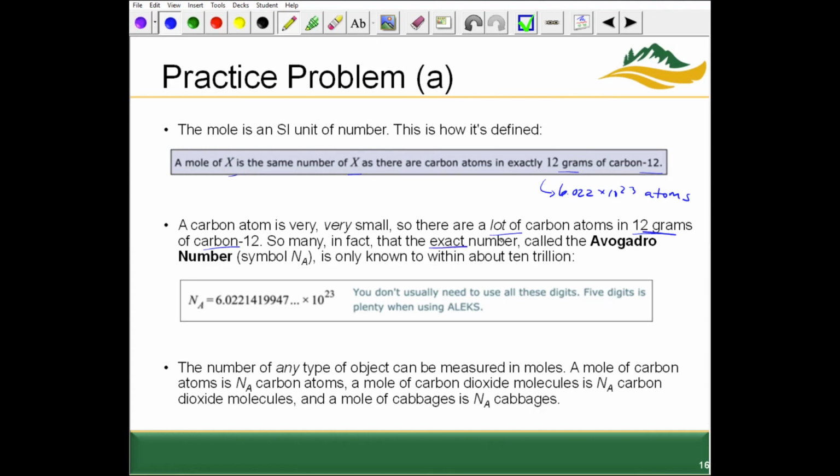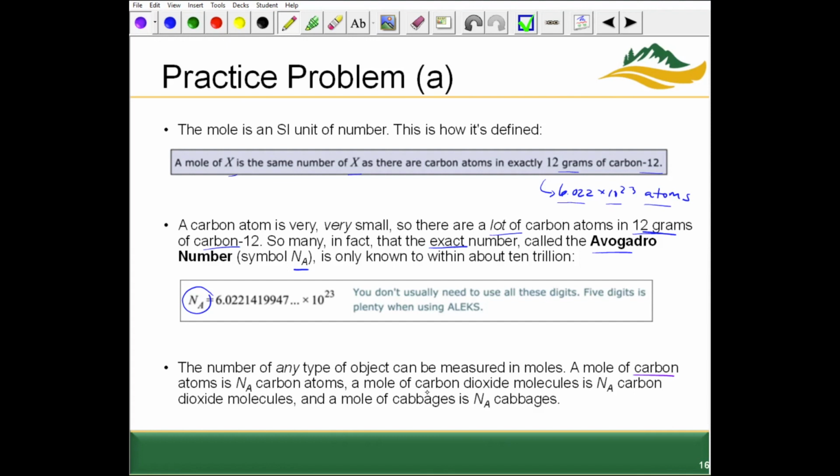Well, the exact number of carbon-12 atoms in 12 grams of carbon-12 is Avogadro's number, or 6.022 times 10 to the 23rd atoms. Remember, Avogadro's number can also be represented as N sub A. And although we are working with carbon here, this does correlate to other elements in the periodic table.